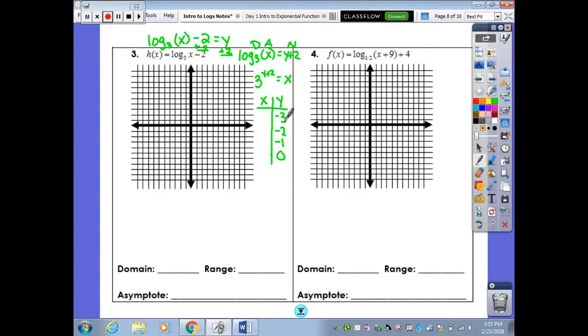When we put -3 in for y, we get 1/3. When we put -2 in, we get 1. When we put -1 in, we get 3. When we put 0 in, we get 9. Now we can graph these points.